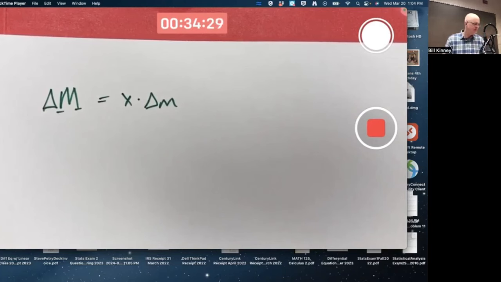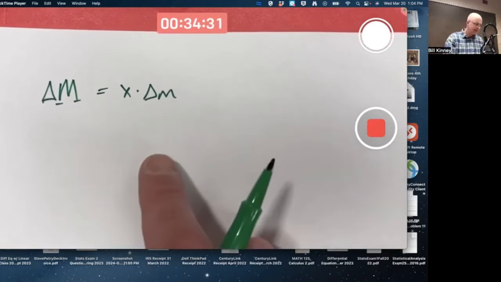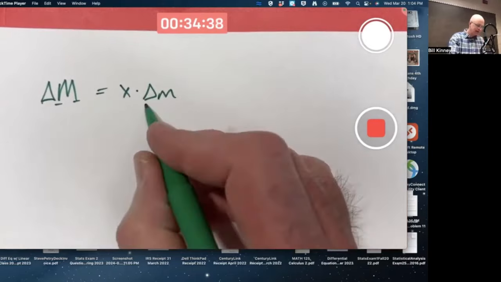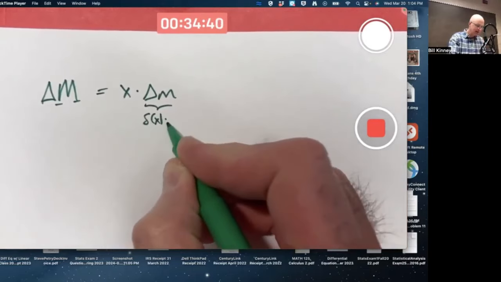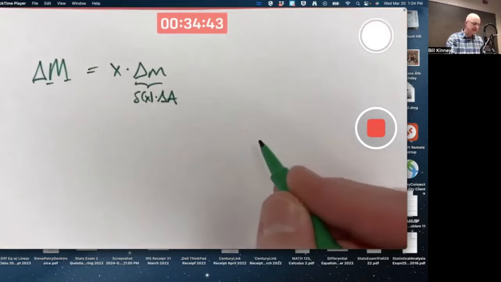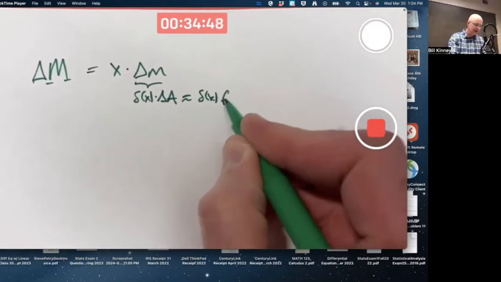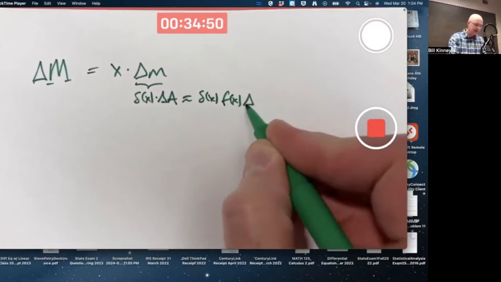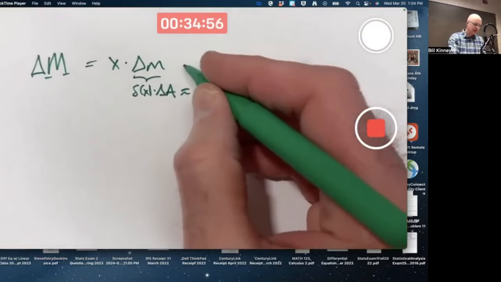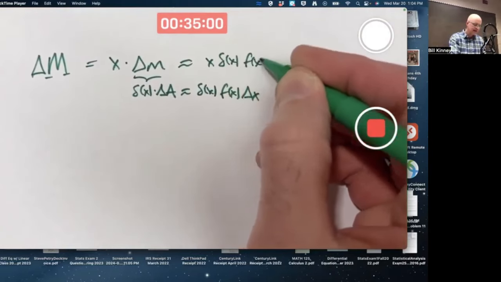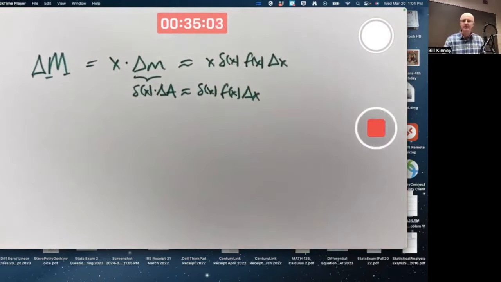And from before, that little mass, delta little m, was delta of x times delta A, the density times the area. And that was approximately delta of x times f of x times delta x. So this is approximated by x times delta of x times f of x times delta x. Sorry again that we're using deltas in two ways in these things.